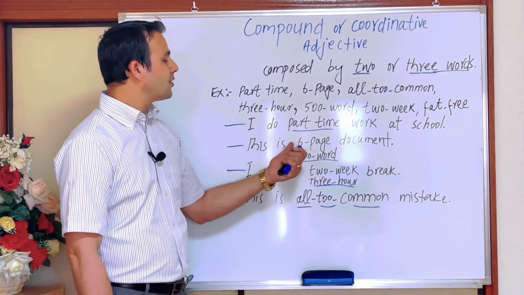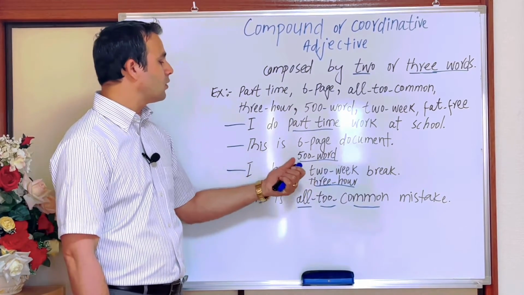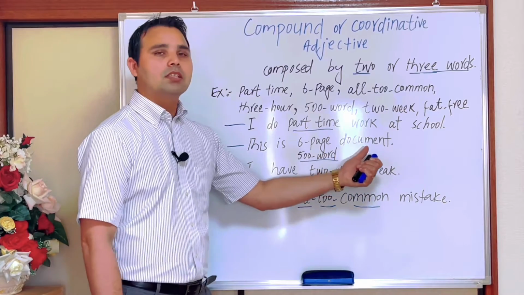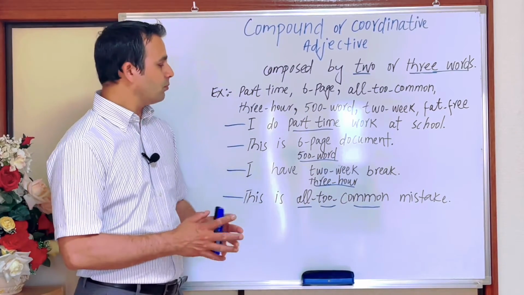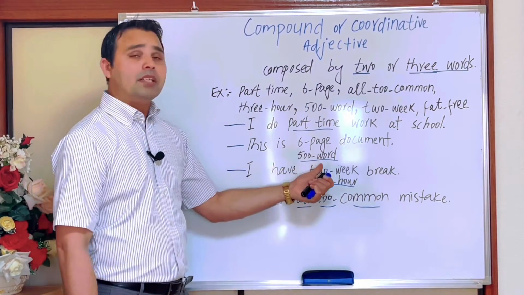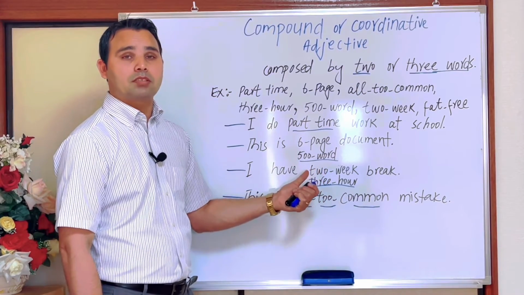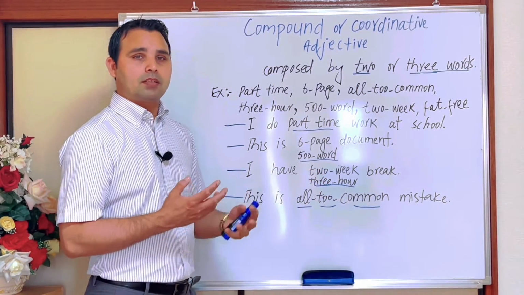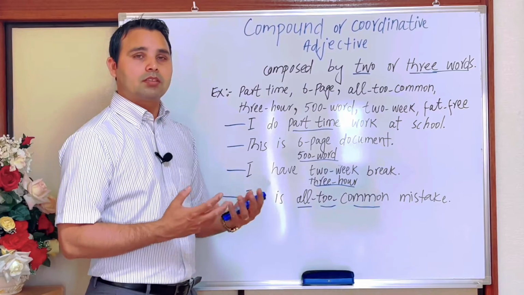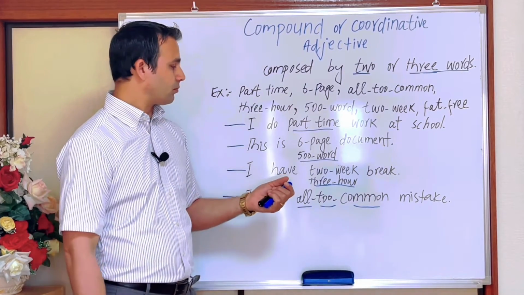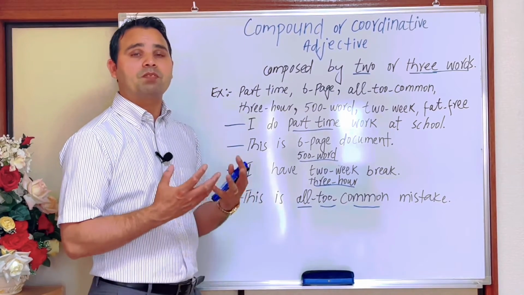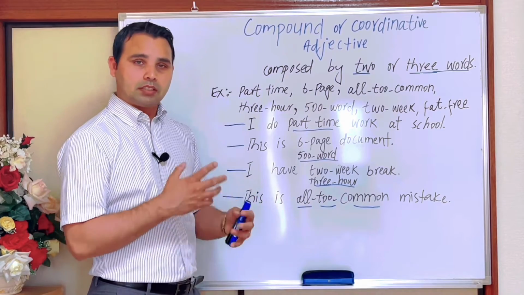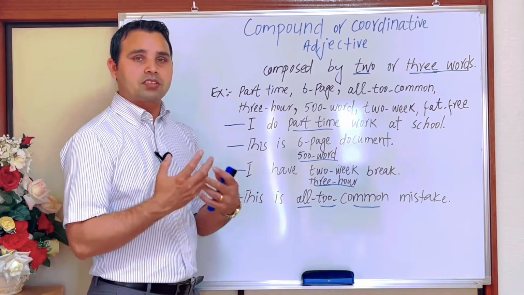Next example, this is a 6-page document, or this is a 500-word document. Though there are many words, like 500 words, if you speak in general sentences like I have written 500 words, that is a different scenario.